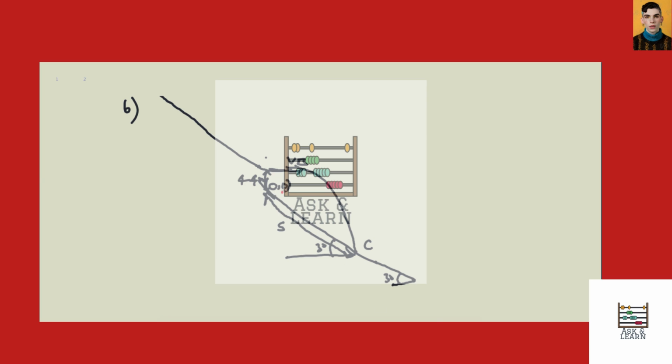So if this is our origin, then the equation to describe the slope is given by y slope is equals to minus x tan 30. So we have, this is y and this is x. So that is the equation to describe the slope.